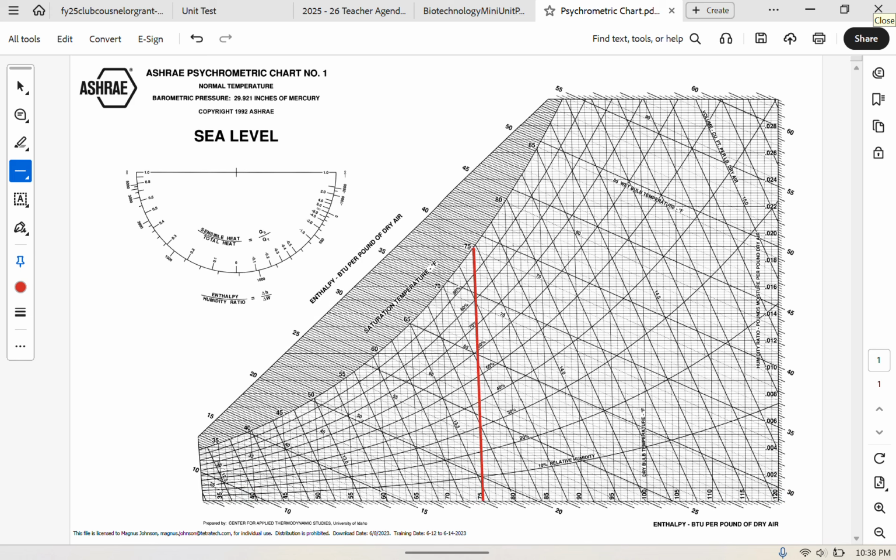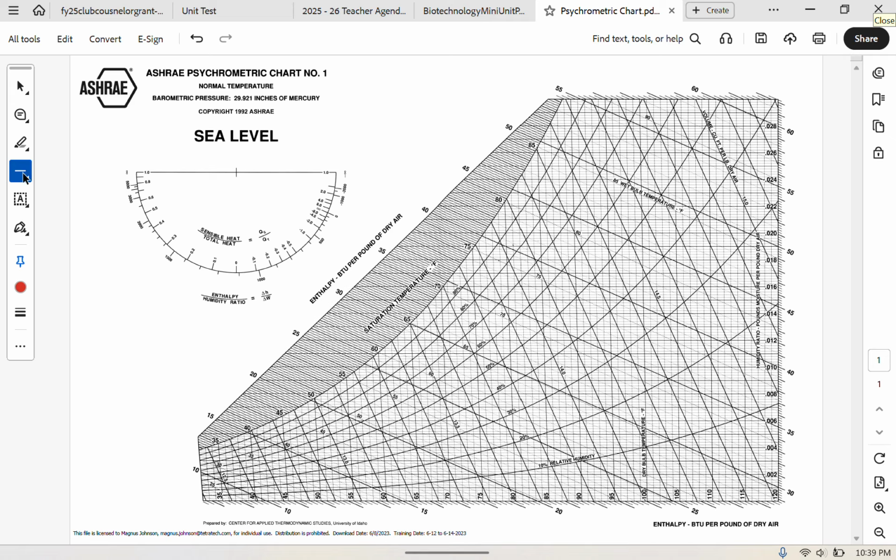So you can see here I've just highlighted the 75-degree dry bulb temperature line extending from the bottom up to the saturation curve. The grid of horizontal and vertical lines consists of these dry bulb temperature lines and the humidity ratio lines.